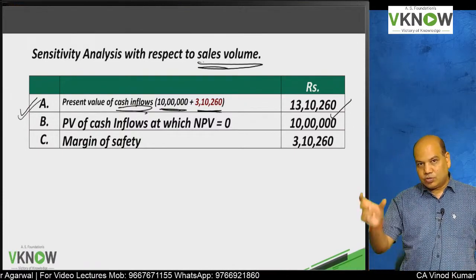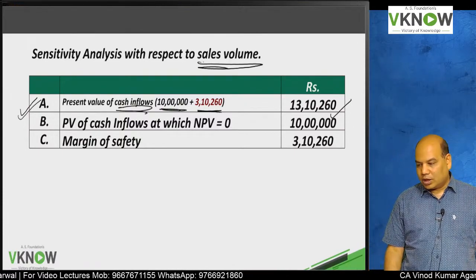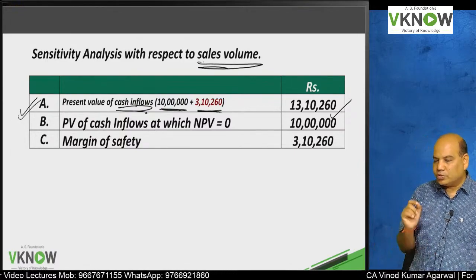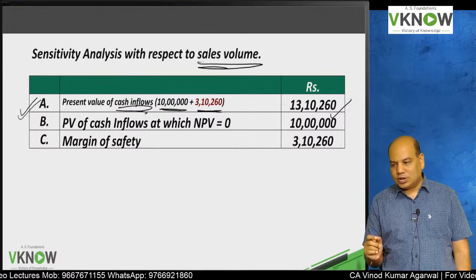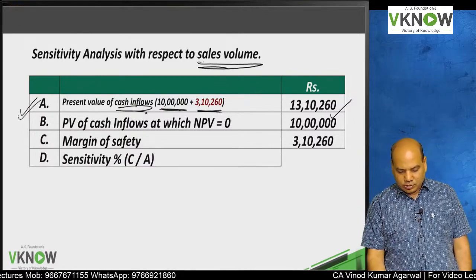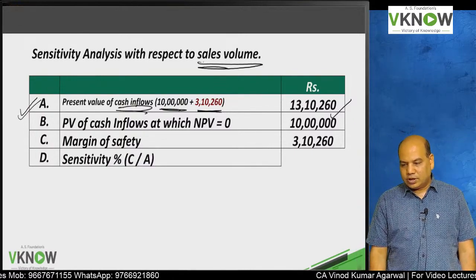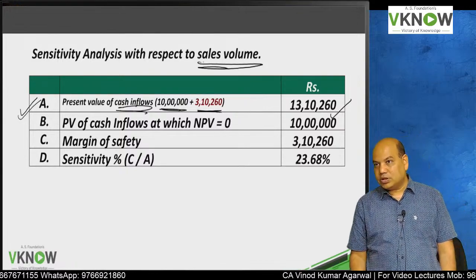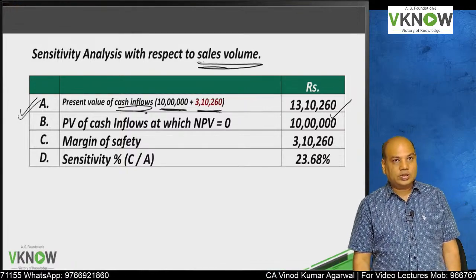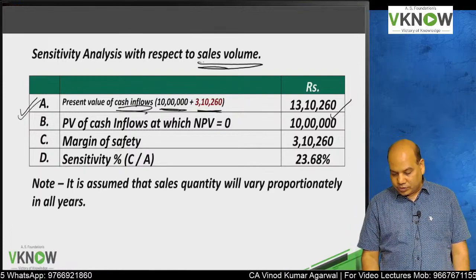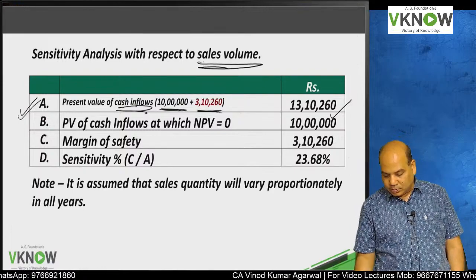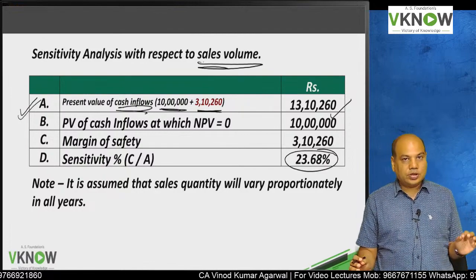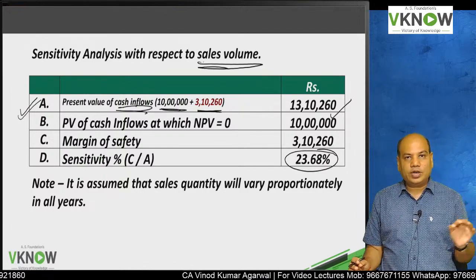Even if sales volume drops, and because of that my PV of cash inflow drops by 3,10,260, NPV will be 0. Therefore sensitivity percentage is 23.68%.